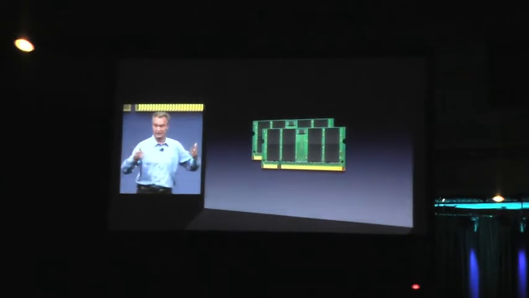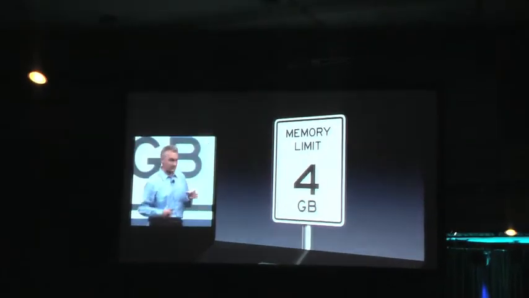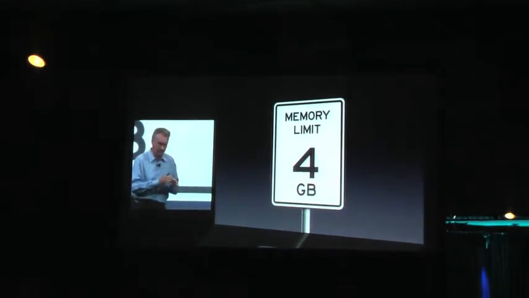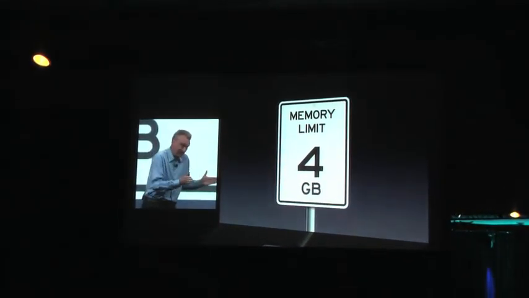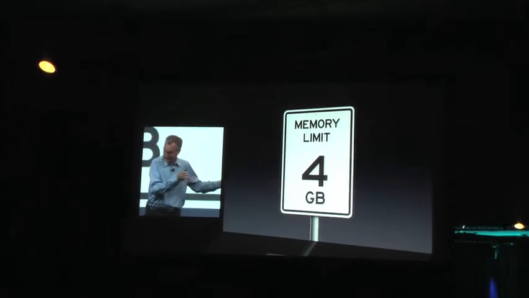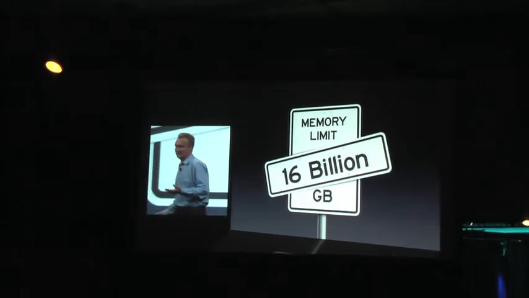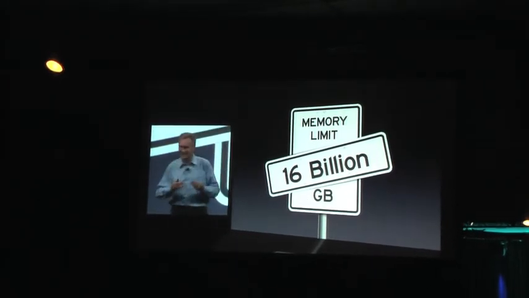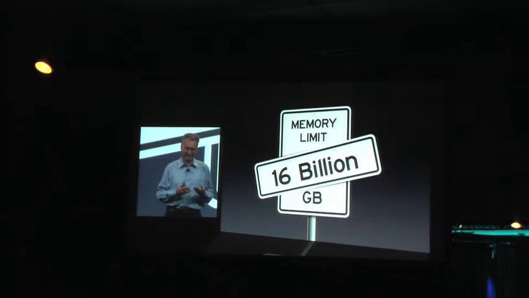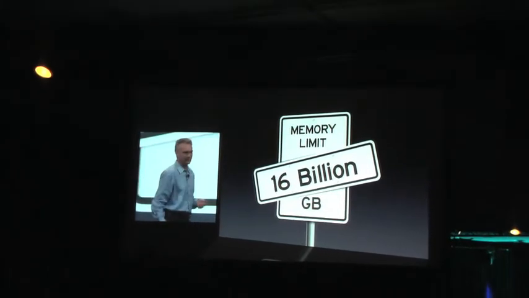The primary reason to use 64-bit is to take advantage of lots of memory. Because if your application runs in 32-bit mode, it has an inherent limit with the addressing space at 4 gigabytes. When you run in 64-bit, it's 16 billion gigabytes. That's the limit of your addressing space. In practice, it's unlimited.